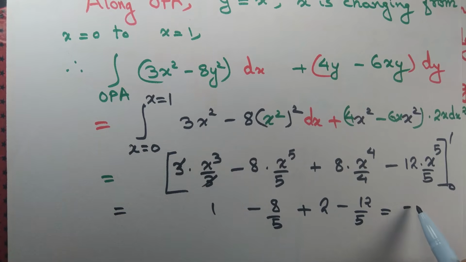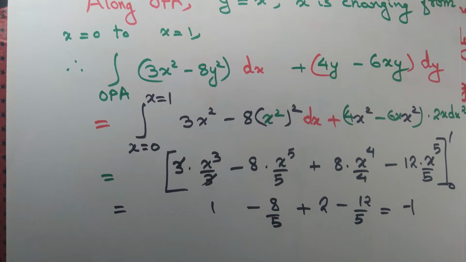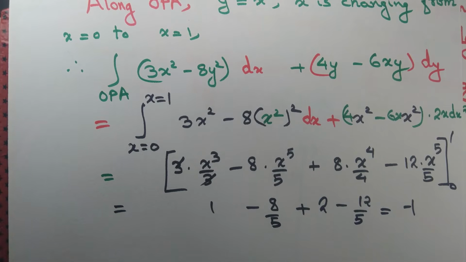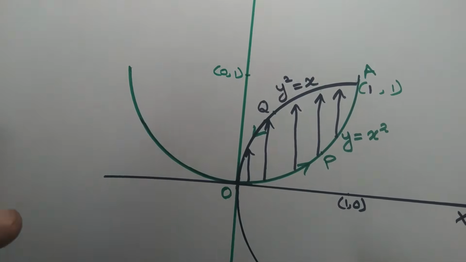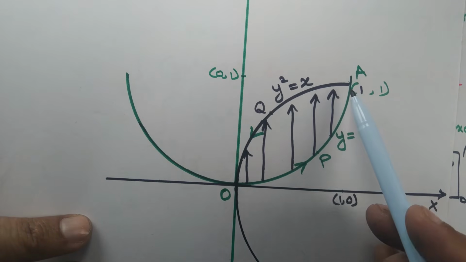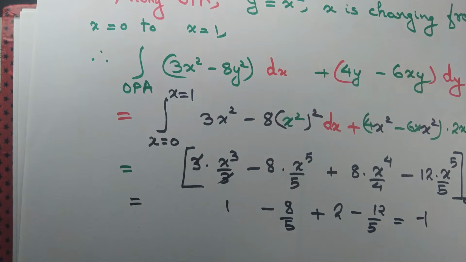That is equal to minus 1. Okay, that's along OPA. Now let's do along AQO. So far we have evaluated the integral along OPA. What about along AQO? Let's write it down.